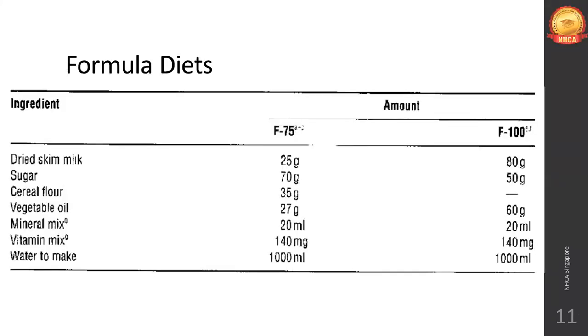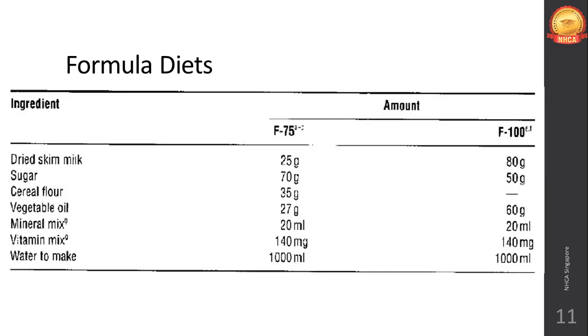Coming to formula diets, very important. When the child is in the rehabilitation mode, when the child is moved to general wards, we are focusing on intensive nutritional feeding. Everything about the general ward care for the child is feeding, what kind of feeding the child is getting. Here the formula diets are very important. We have two formula diets, F75 and F100.